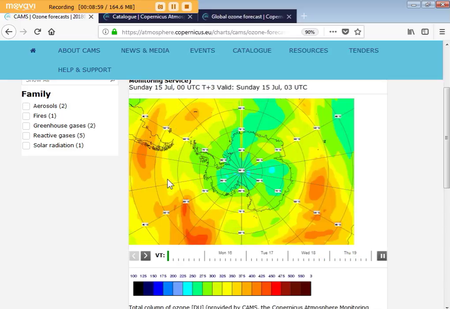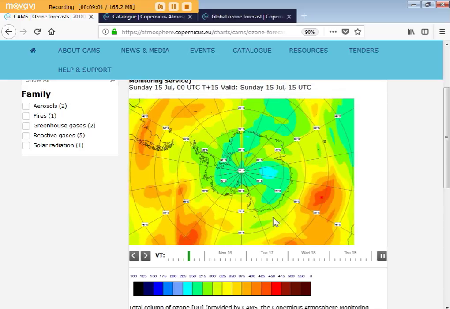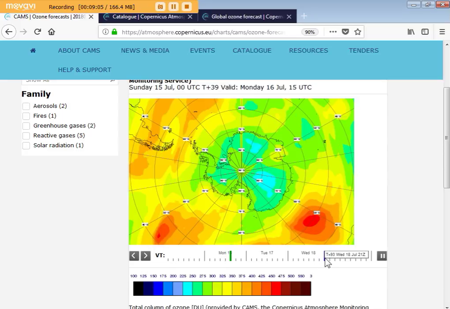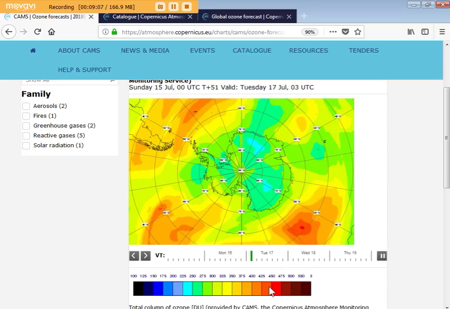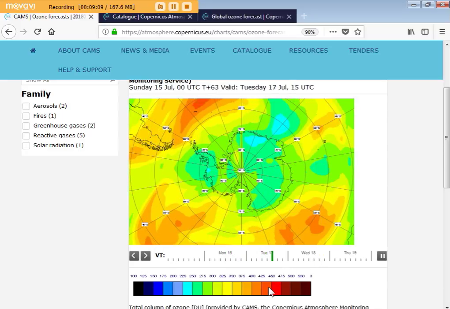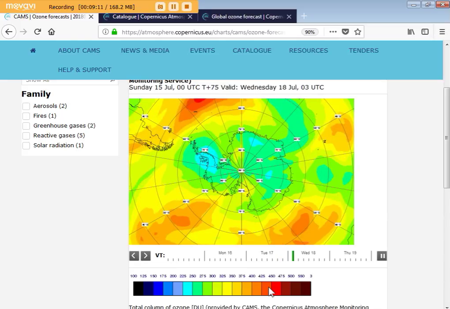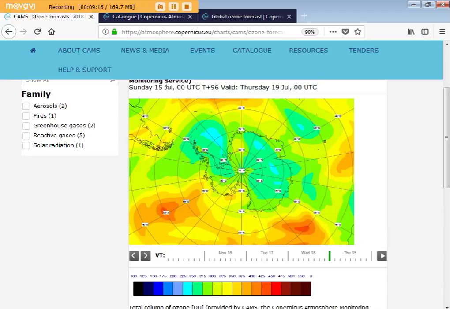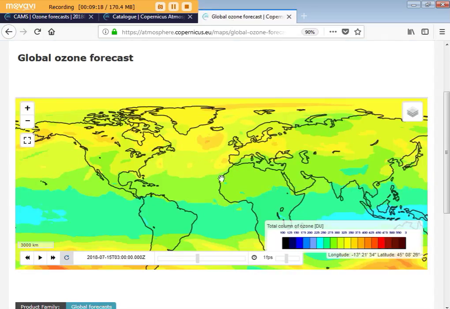I thought that it would not be as thick all the way around here too, but that red is like 425 DU. So there's your South Pole, just in case you wanted to know how the ozone hole is going.